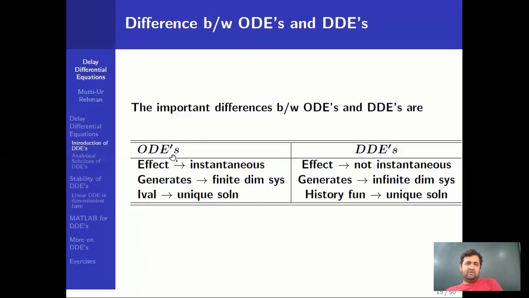For instance, in ordinary differential equation models, we assume that the effect of any change to our dynamical system is instantaneous, but this is not true for the delay differential equation model. You can think about the history function, because you have to take into account the past.